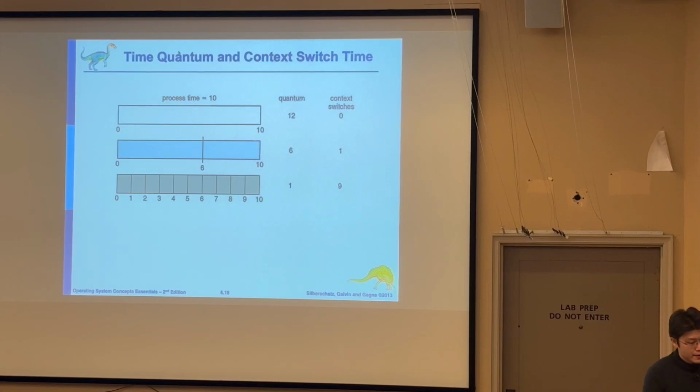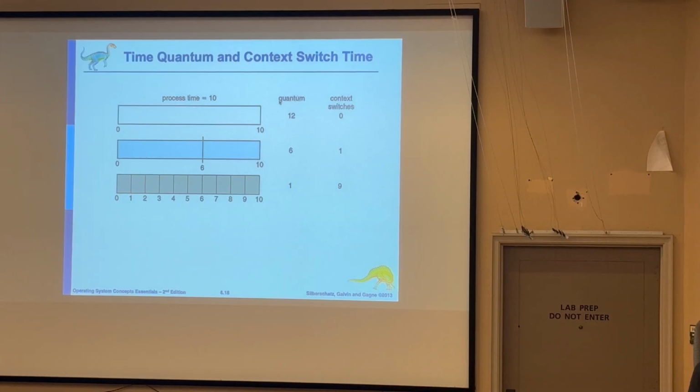If you have a very high quantum, it means that before this quantum is exhausted, you are essentially disabling all the timer interrupts. During the time from 0 to 10 milliseconds, there will not be any context switch because you are disabling all the timer interrupts during this quantum.